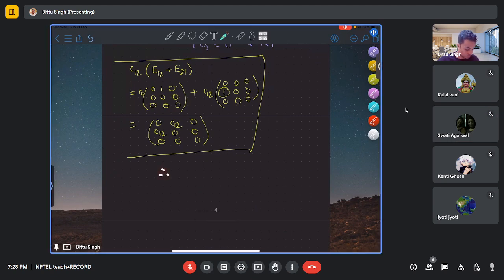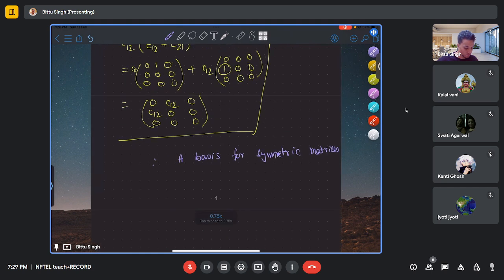So therefore a basis for symmetric matrices can be written as S equal to all Eij plus Eji. I strictly less than j, or whatever you take.